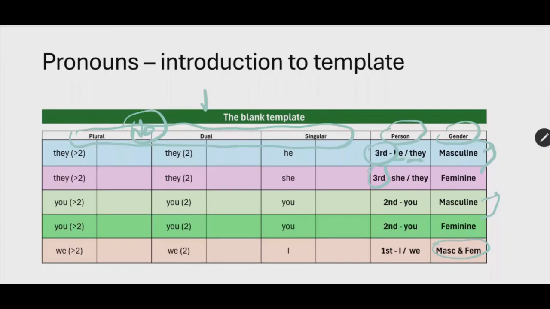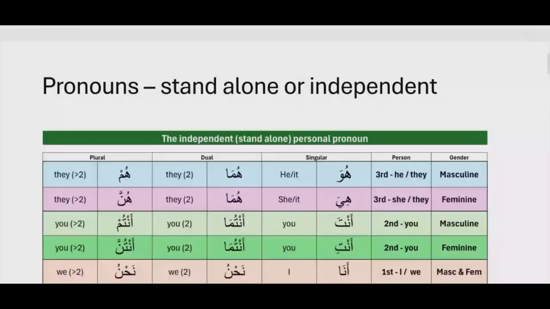In English, it's only singular and plural, but here we have singular, dual, and plural. Dual is exactly two people, okay? And this is for one person, right? And this is for more than two people. So three or more, you're using a plural form. So these are the three concepts that come into the table: gender, person, and number. And then we can look at the actual words themselves.